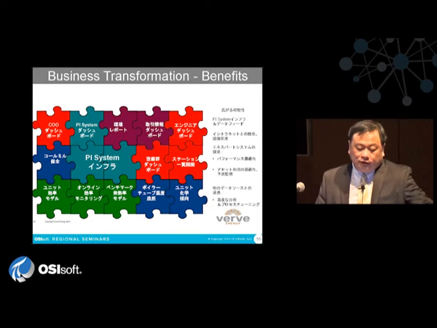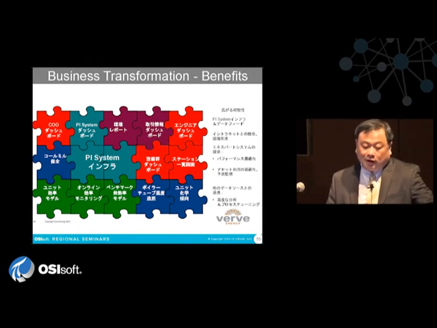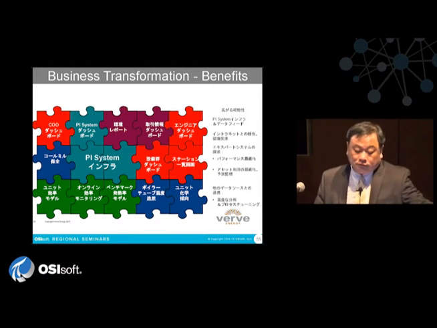At Verve Energy, they started just a couple of years ago with one to two initiatives based on the PI system. Each initiative had to be based on real ROI. Once the infrastructure was in place, the number of ROI programs grew to 22, building on top of the core system.